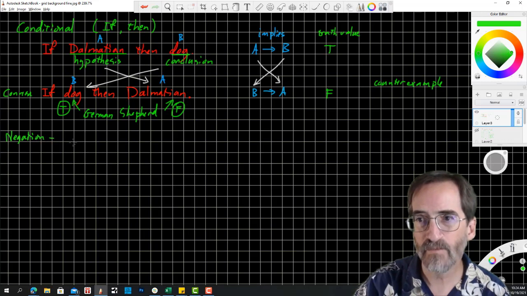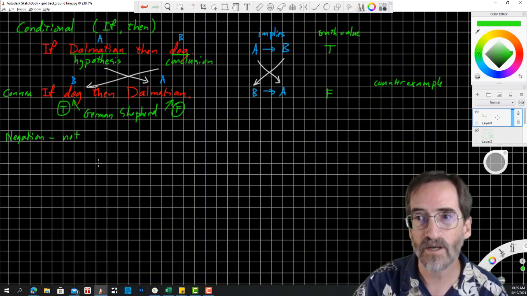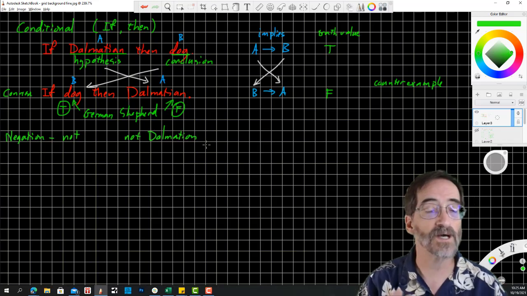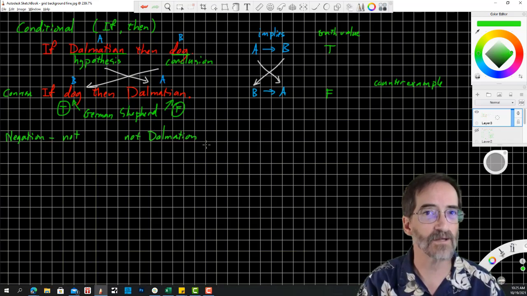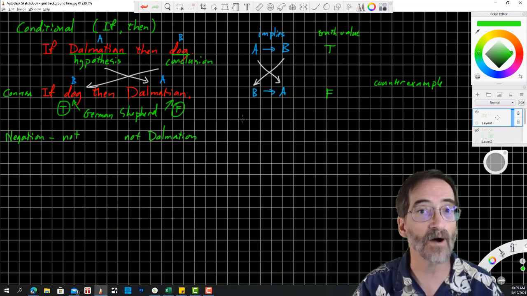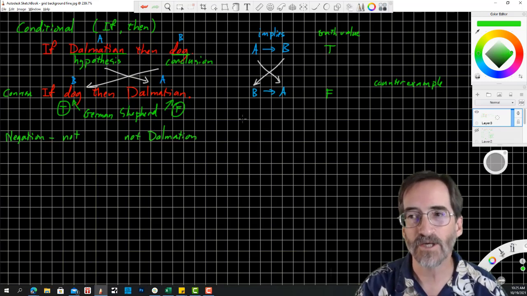Okay, the most common way to apply negation is the word not, right? If I say something is not a Dalmatian, then I'm saying it is outside of the group called Dalmatians. It is something other than a Dalmatian.